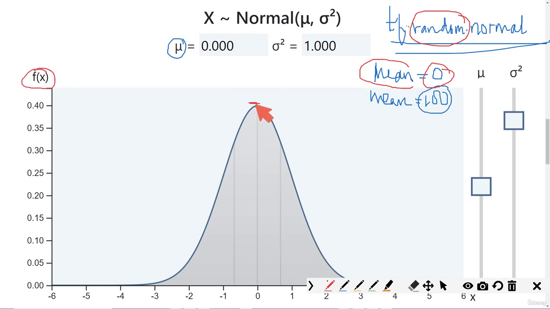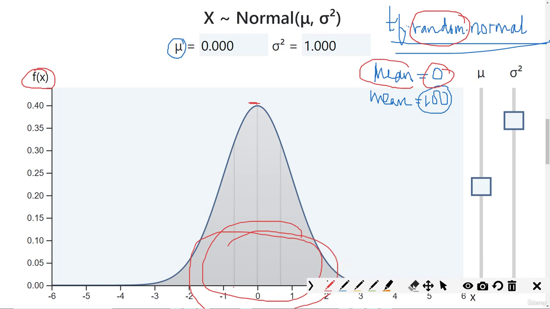Here, our probability score is f of x. So for values surrounding 0, there is a much higher probability or chance of them being picked as compared to values far away from 0.